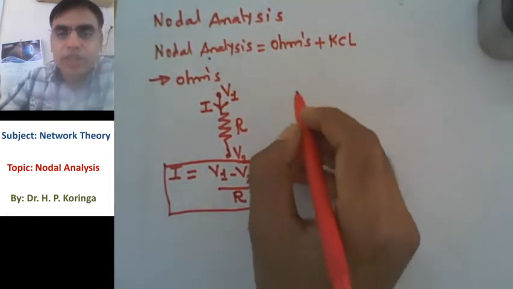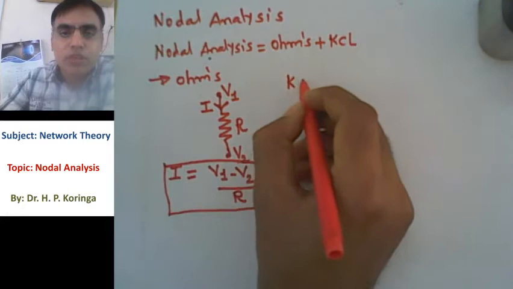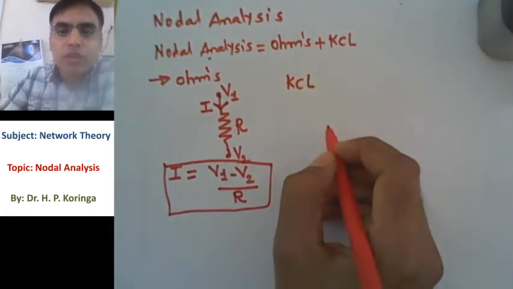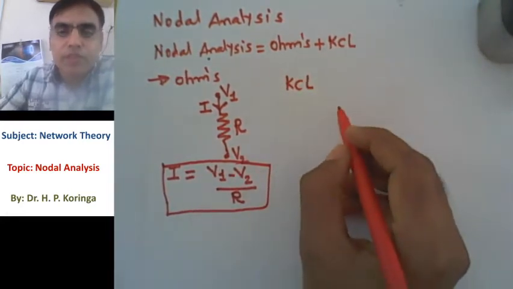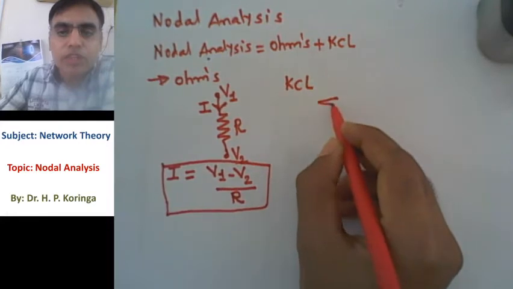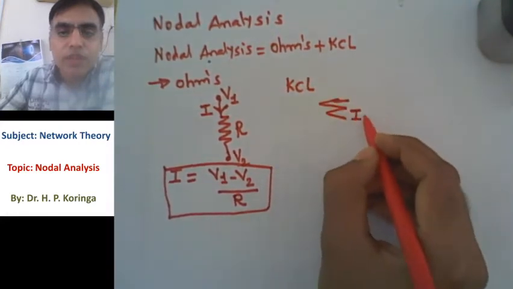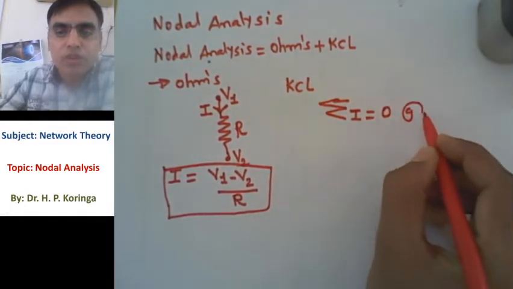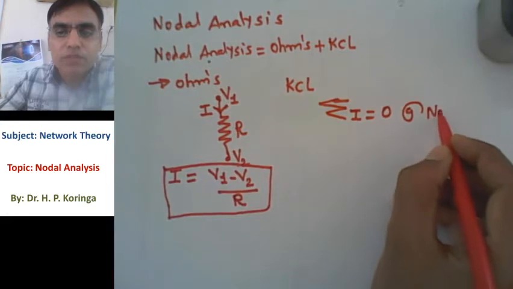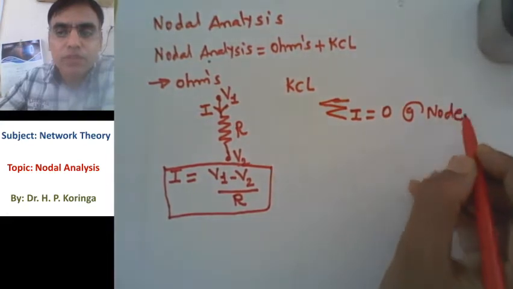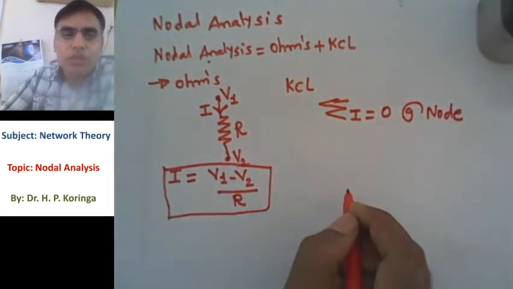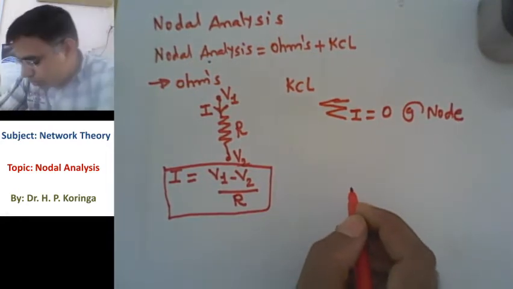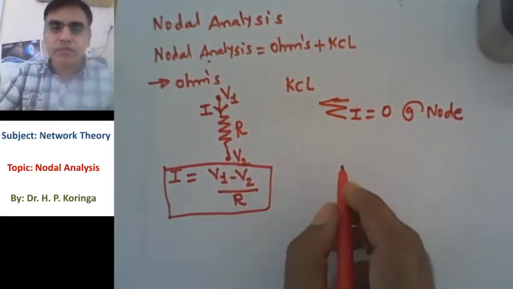Another knowledge we require is Kirchhoff's current law. We know very well Kirchhoff's current law: the algebraic summation of current at any node is 0. The algebraic summation of current is equal to 0 in a network at any node.